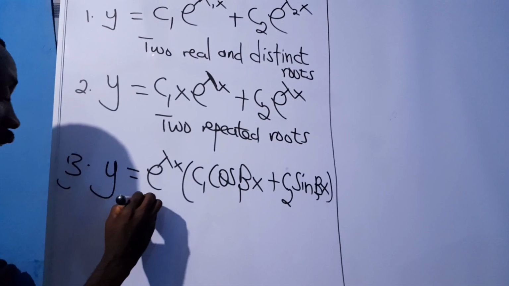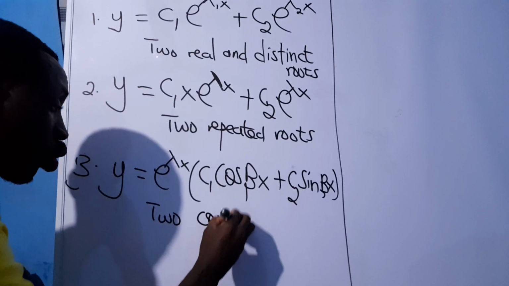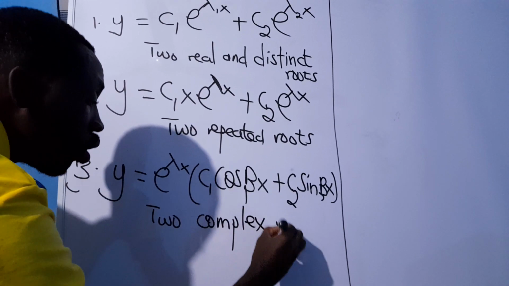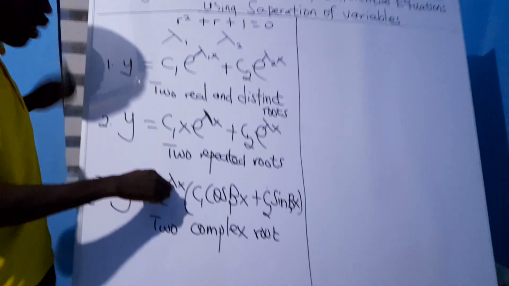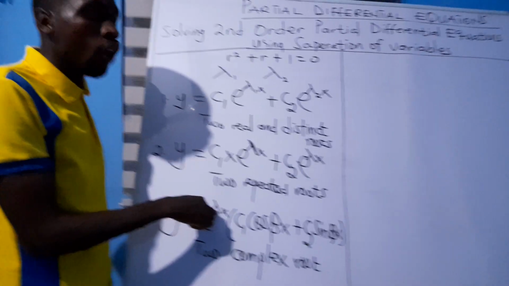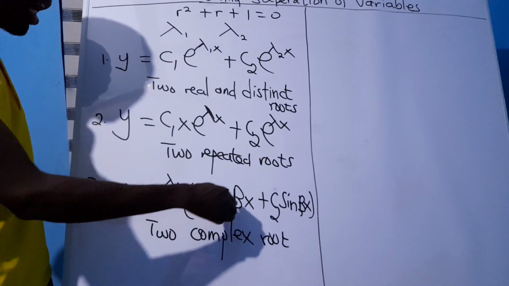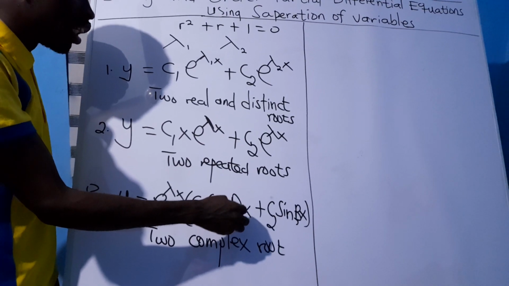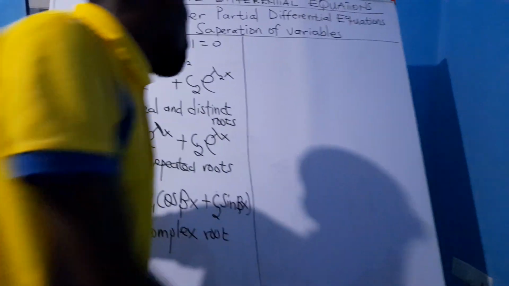That's when there are two complex roots, where alpha is the real part of the complex root, and beta is the coefficient of the imaginary part, if you remember very well.